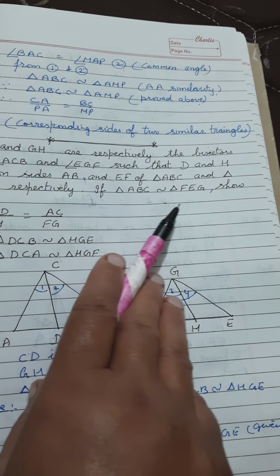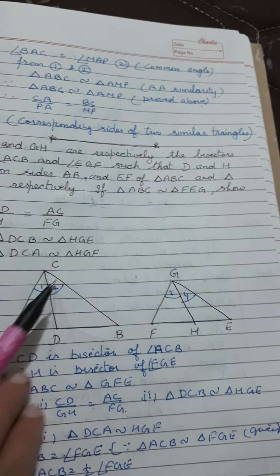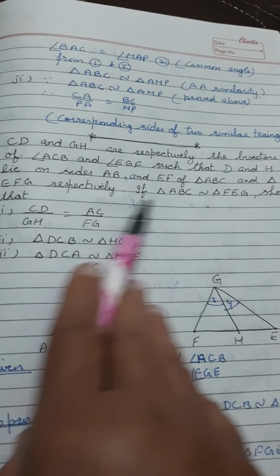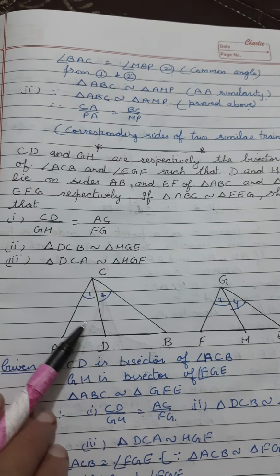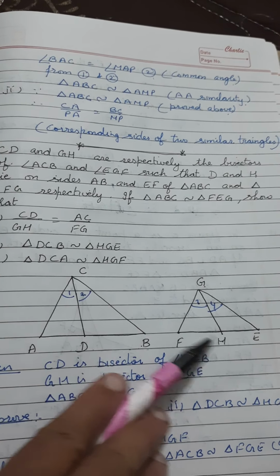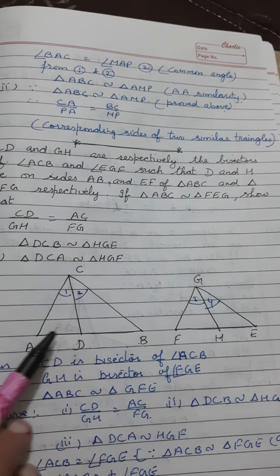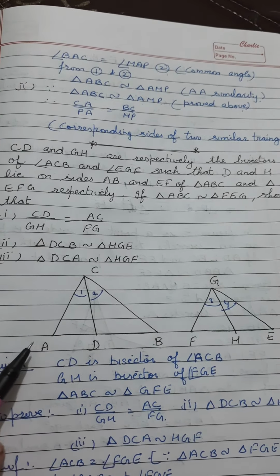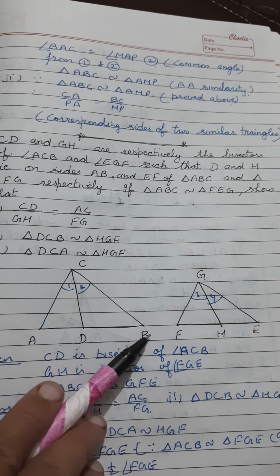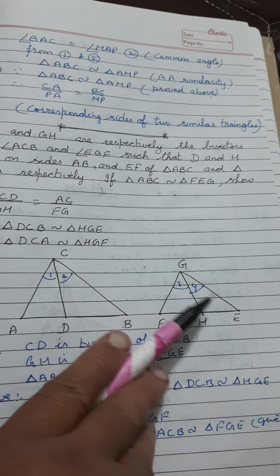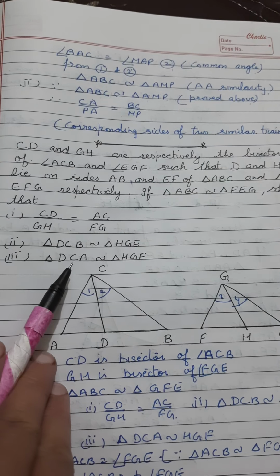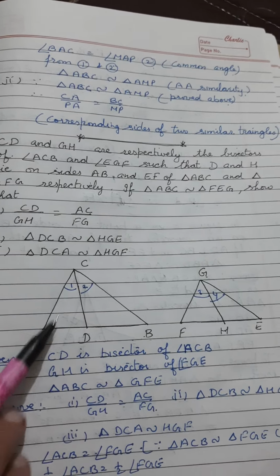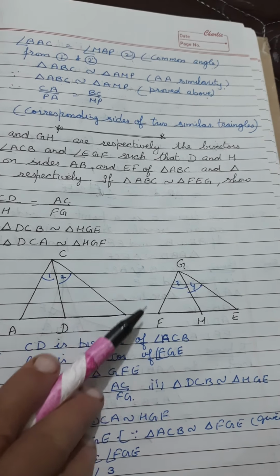If triangle ABC is similar to triangle FEG, show that first, CD by GH is equal to AC by FG. Second part, triangle DCB is similar to triangle HGE. Third part, we have to prove triangle DCA is similar to triangle HGF.